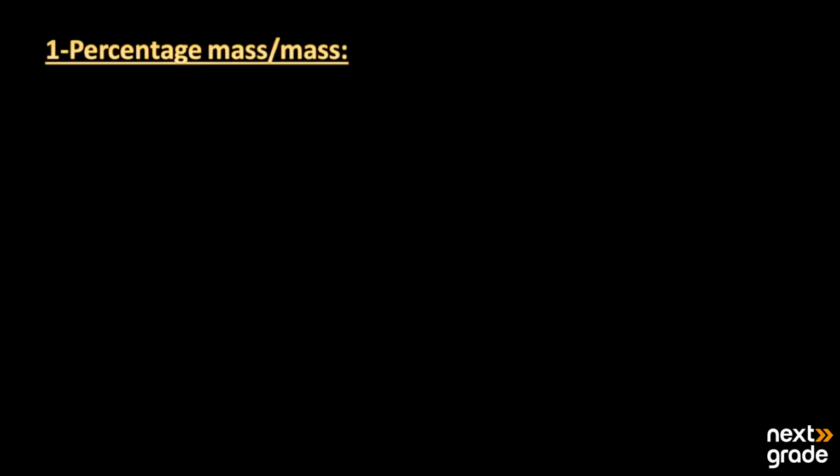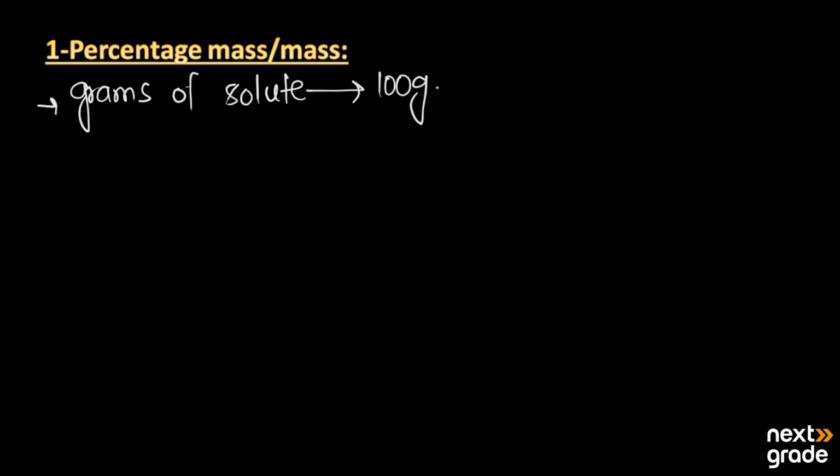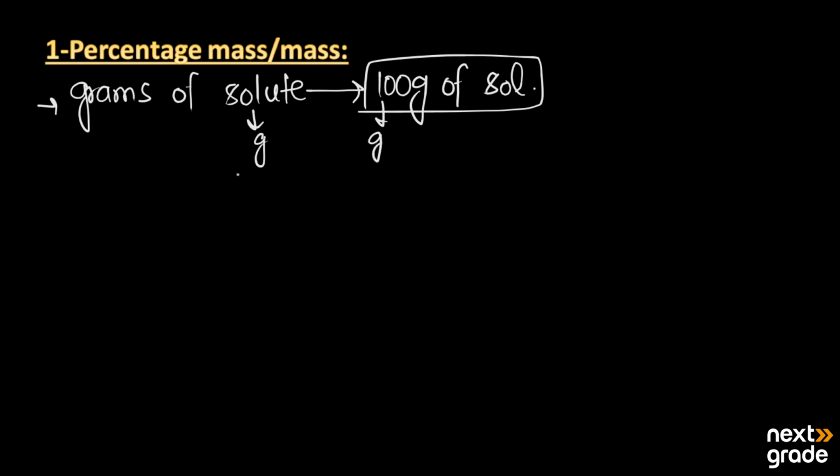The first one is percentage mass by mass. It is the total number of grams of solute that is present in 100 grams of solution. This is known as the percentage mass by mass, where both the solute and the solvent are taken in grams.